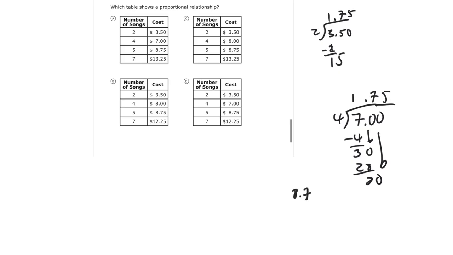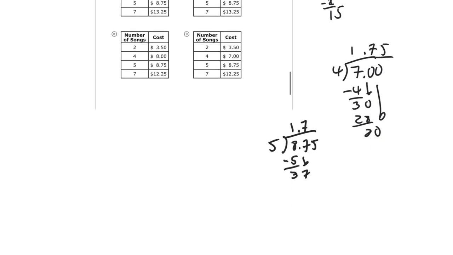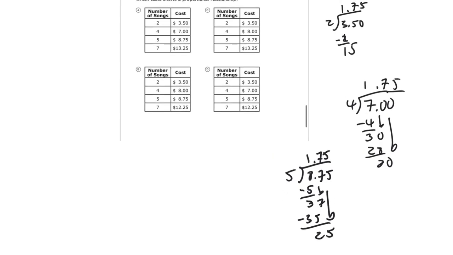So let's try the next one, which is 875 divided by 5. 5 goes into 8 once, and dropping this down, this would be a 7, and then hopefully my student watching agrees that it would be this. And then we would have that. So again, so far so good. Let's check that last row. That's 1325 divided by 7. 7 goes into 13 how many times? That would be 1.